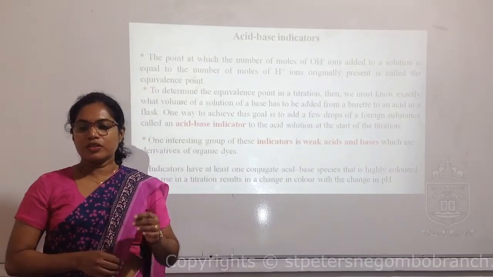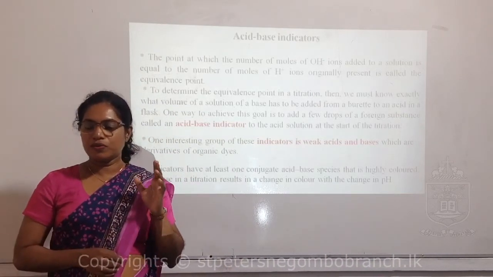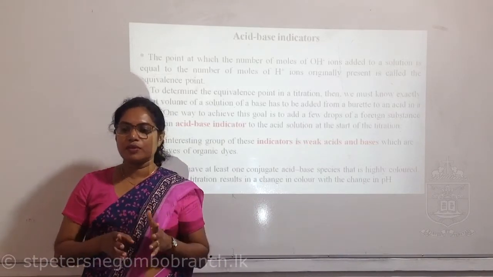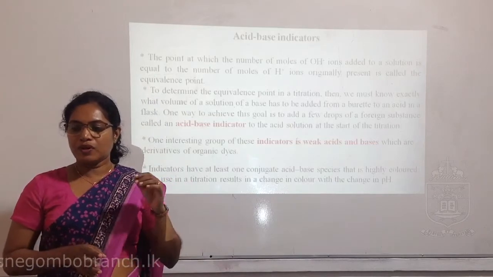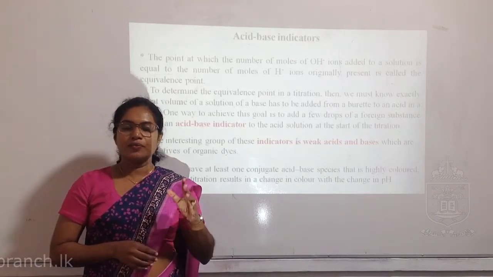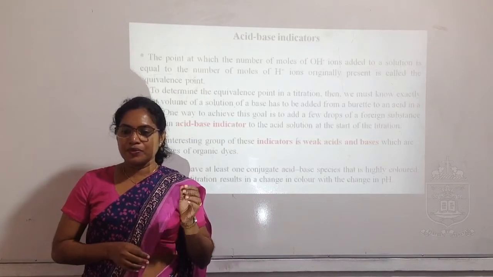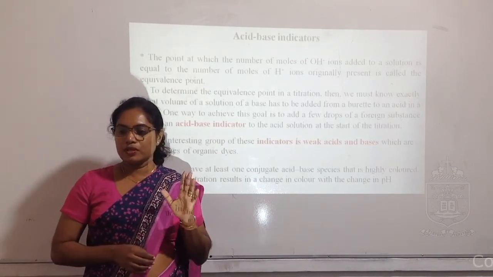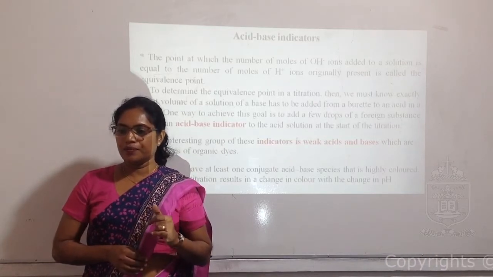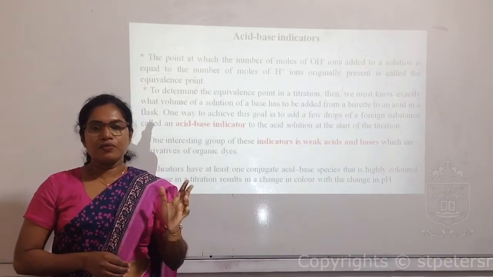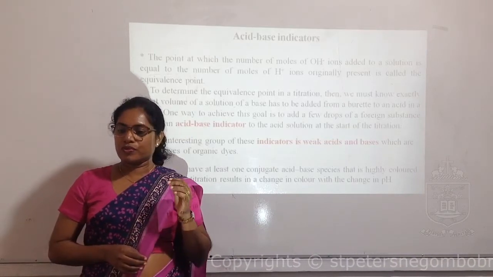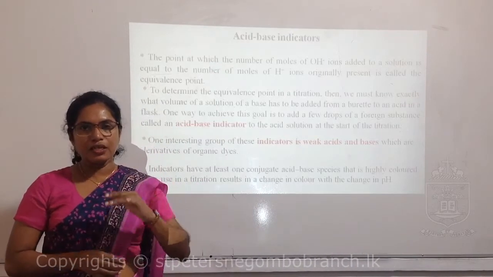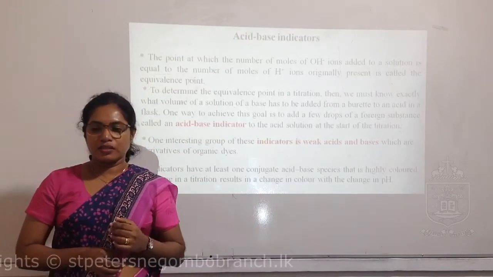The point at which the number of moles of OH minus ions added to the solution is equal to the number of moles of H plus ions originally present is called the equivalence point. To determine the equivalence point in the titration, what we do is add an indicator to the analyte.